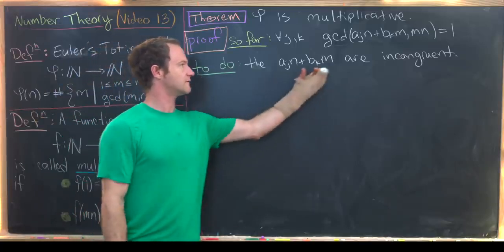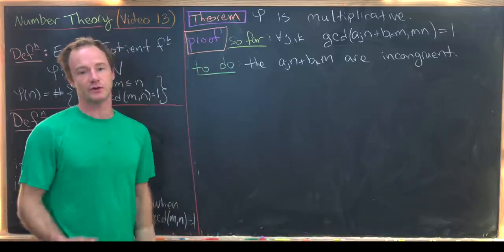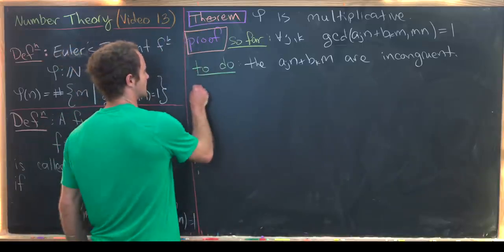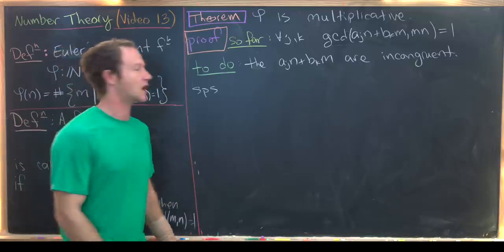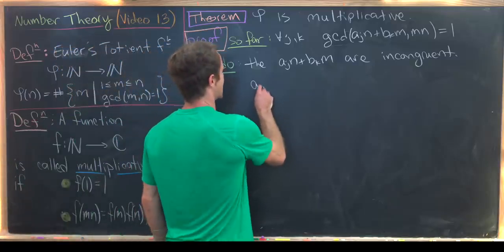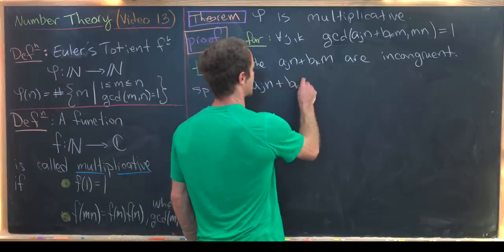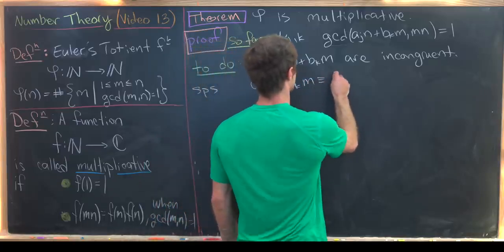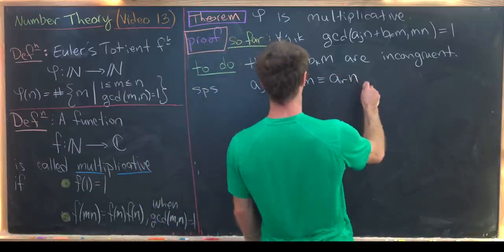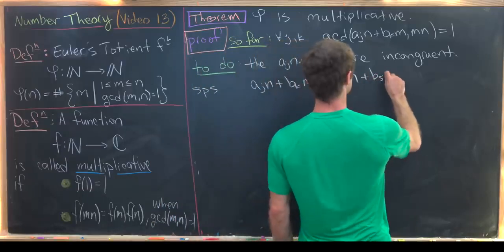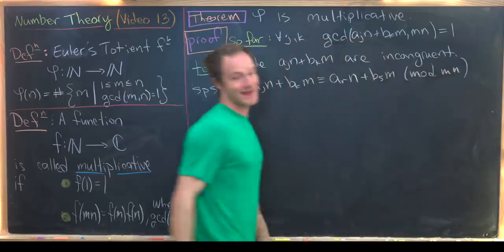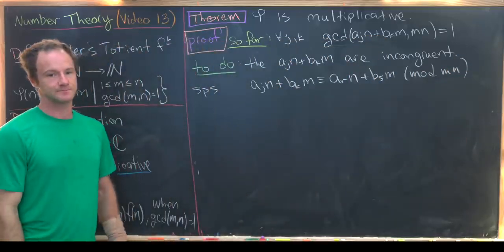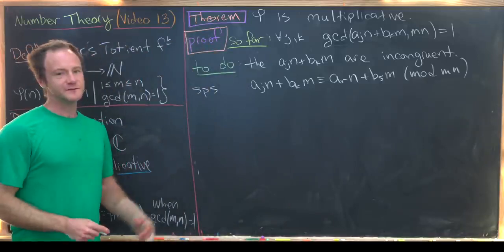We want to show that all of these are incongruent modulo MN. So let's start by supposing that we've got two of these that are congruent. So I'll say AJN plus BKM is congruent to ARN plus BSM, and this is occurring modulo MN, like that. Okay, well, let's move some things around.